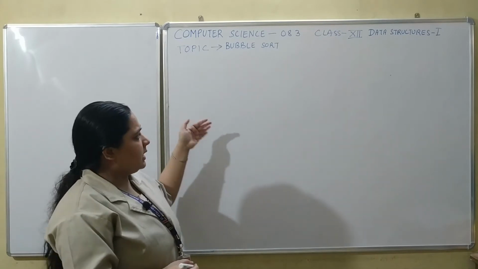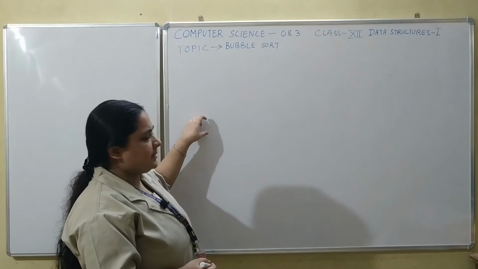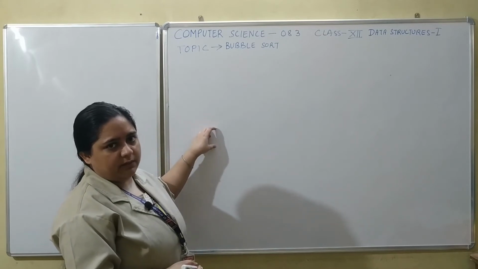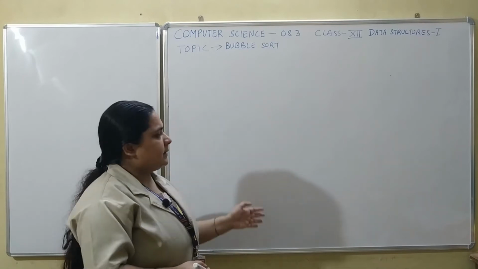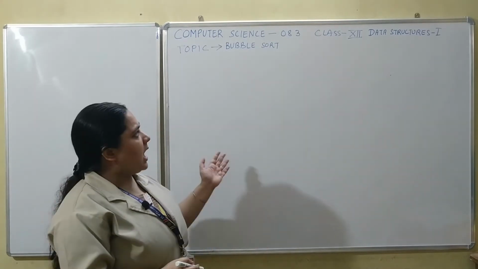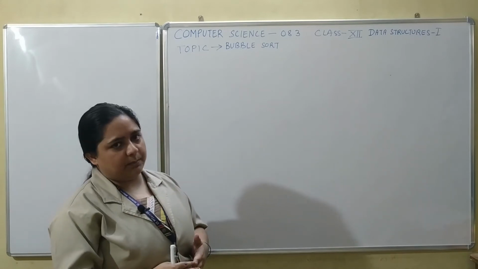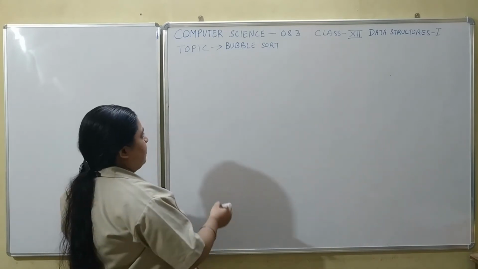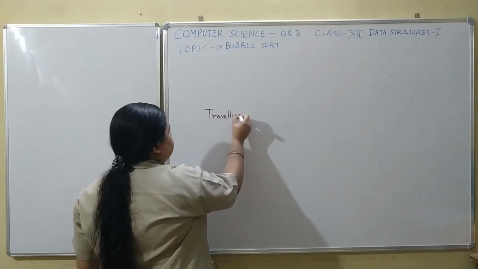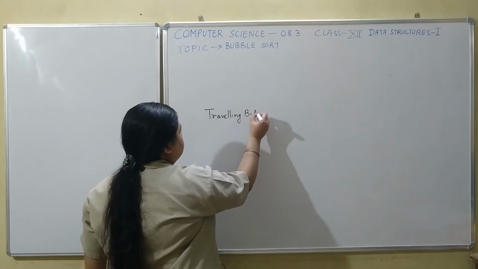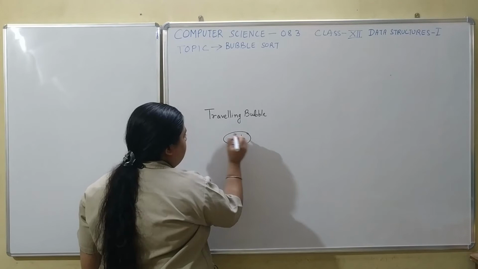trying to arrange the values in such a way that the smallest list value would be set at the beginning. In bubble sort, we are going to see how the values are sorted taking a different approach. The approach is a traveling bubble, a bubble which consists of two consecutive values.